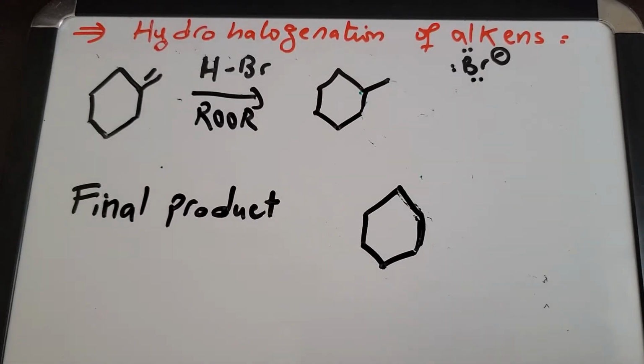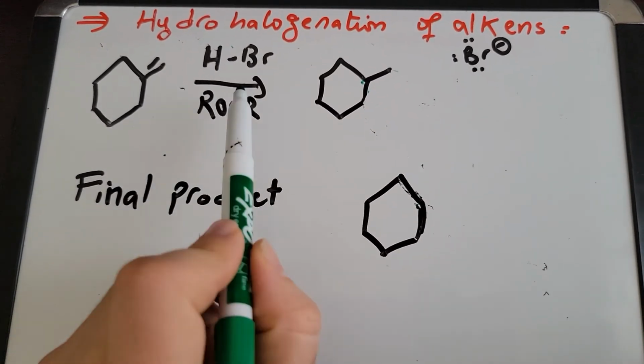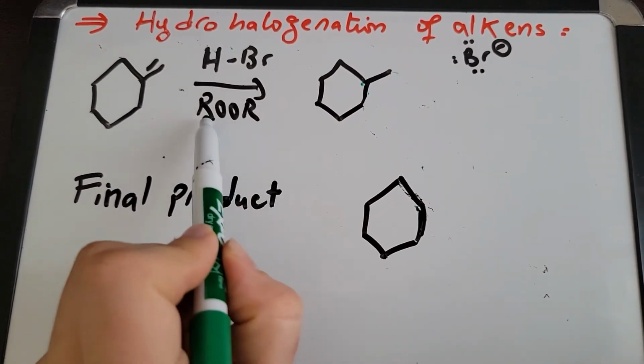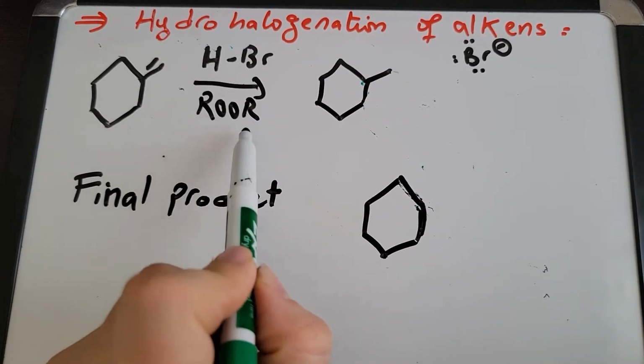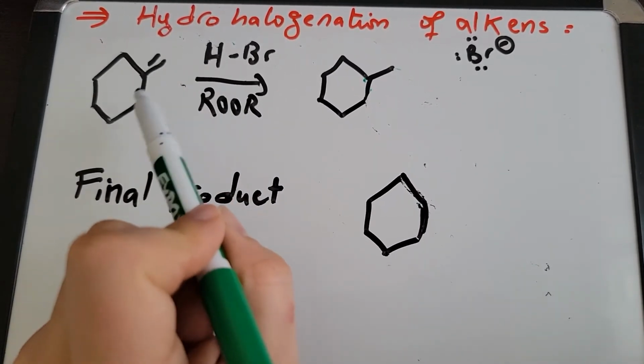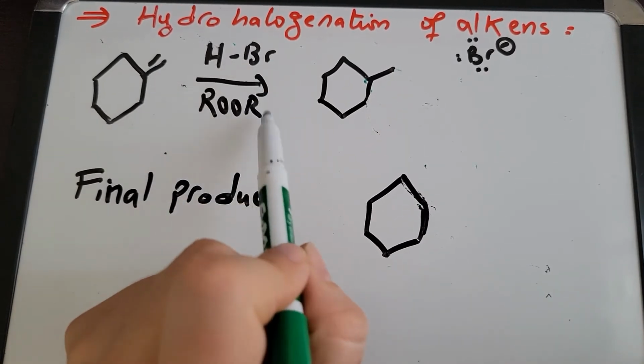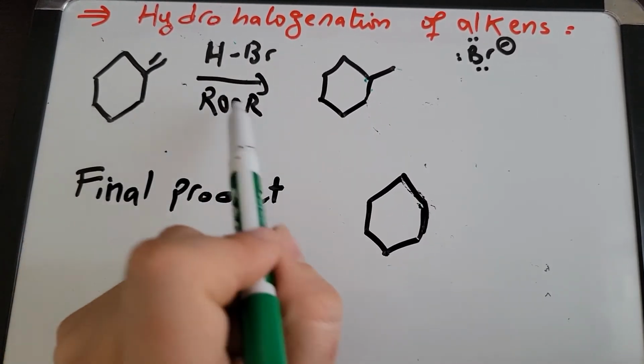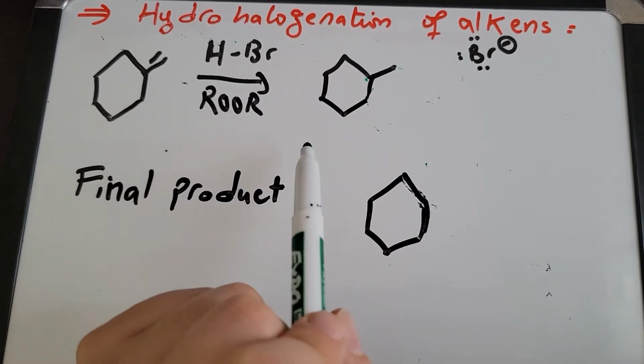So we have another reaction of an alkene with HBr, but this time in the presence of an alkyl peroxide. We used to see reactions between alkenes and halogens in the presence of water, but this time with the presence of an alkyl peroxide.